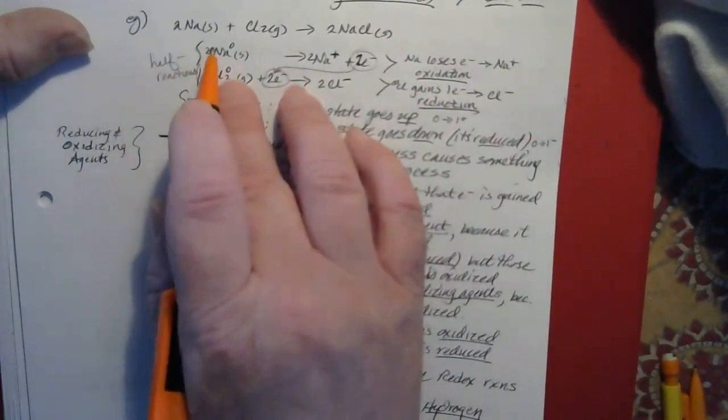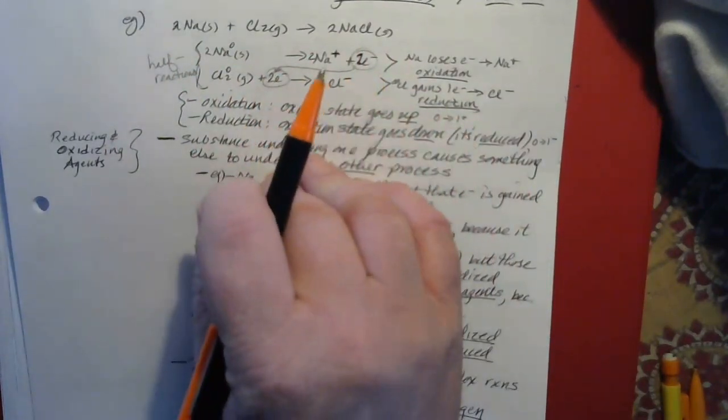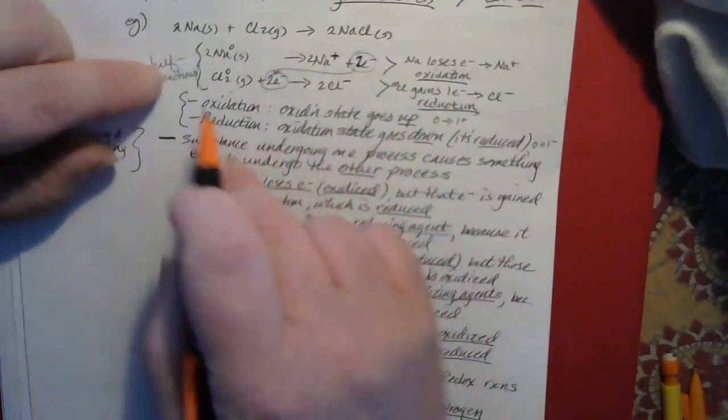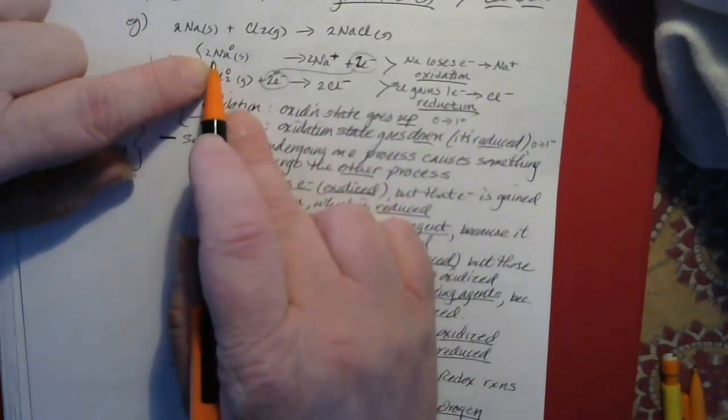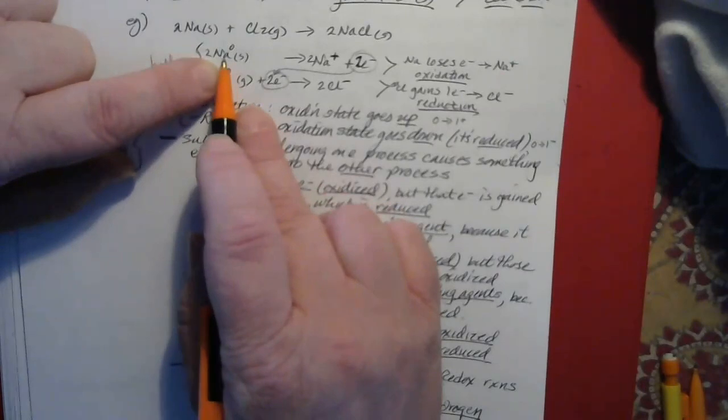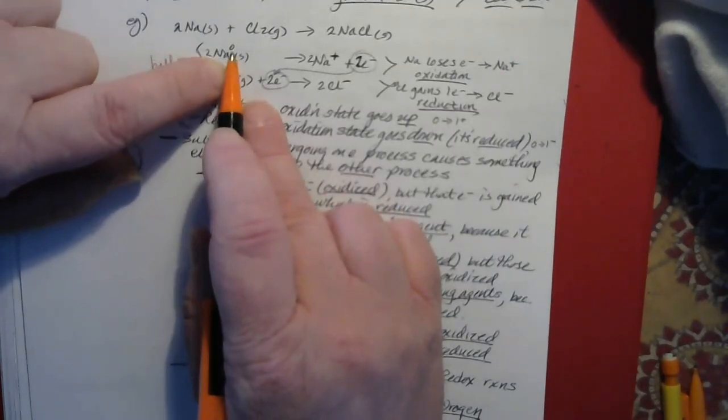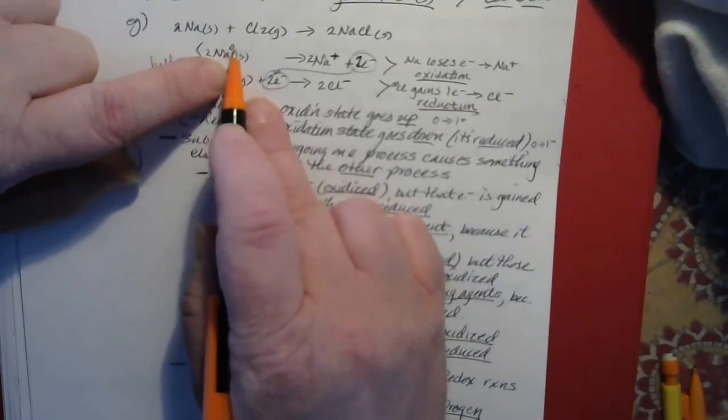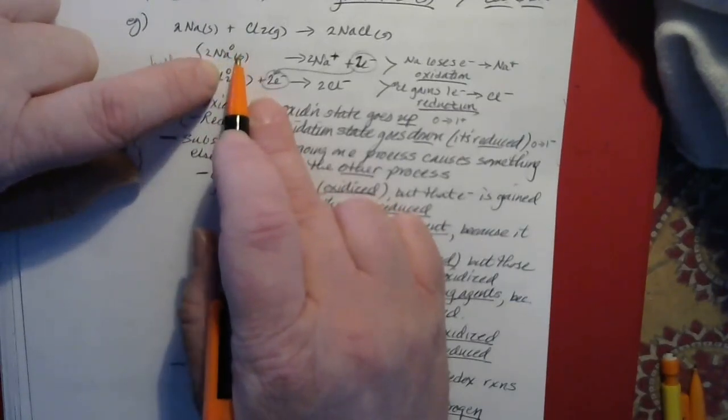As it turns out, you can break any oxidation reduction reaction down into half reactions and look at just the oxidation and just the reduction separately. And that's what we've done here. These are half reactions. We look at the sodium, for which there are two of them, and that has zero charge because it's the free element.